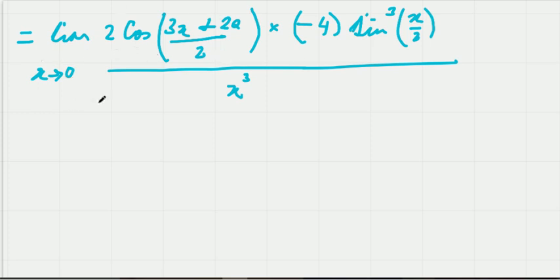Now this, I think, we are more comfortable with, because we have a sine cube here and an x cube here. So I will first take 2 cos((3x + 2a)/2) outside the limit.